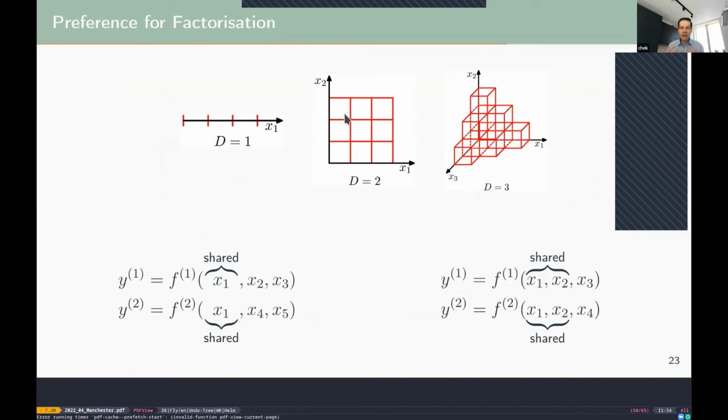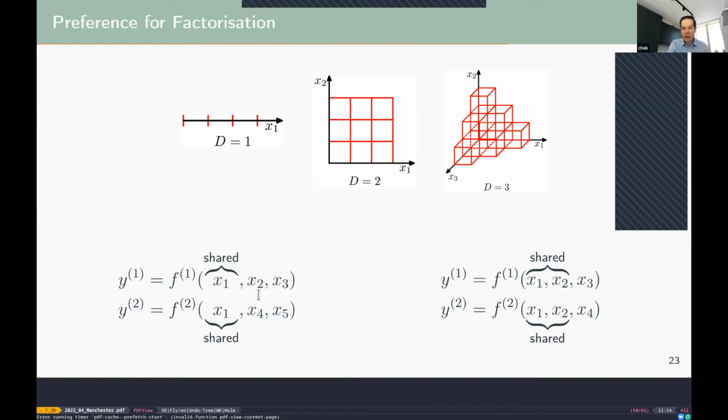I'm not going to go into too much detail because it turns out it's really, really simple. Let's say I have a 5-dimensional latent space. In this case, I have y1, which is my first modality, and y2. They share one part of the input space, x1. In this case, I need 5 dimensions.